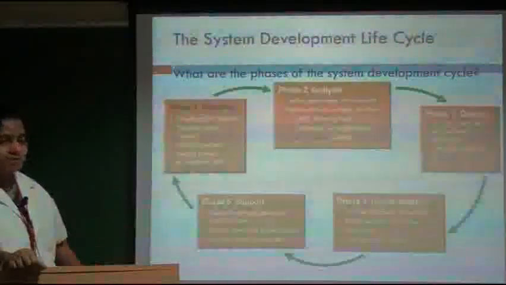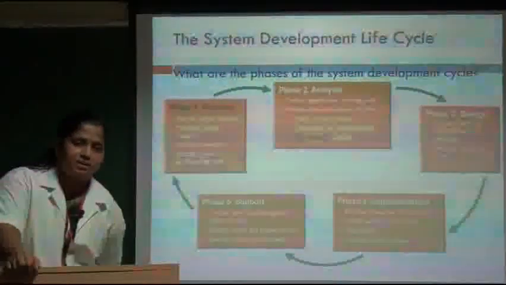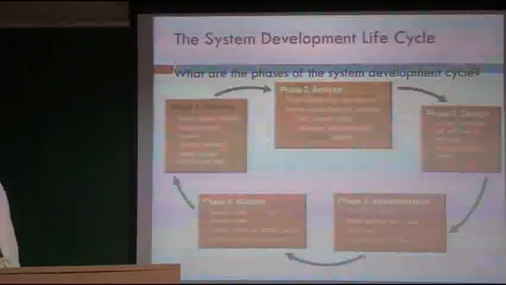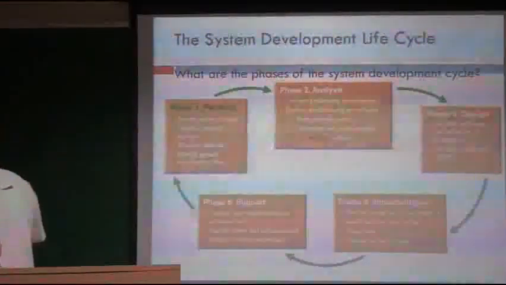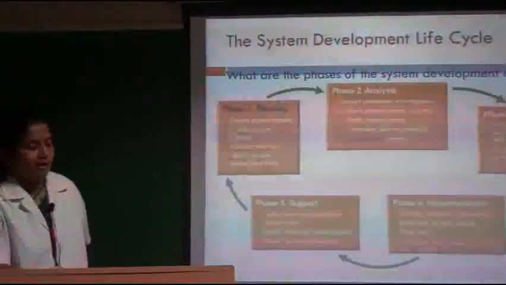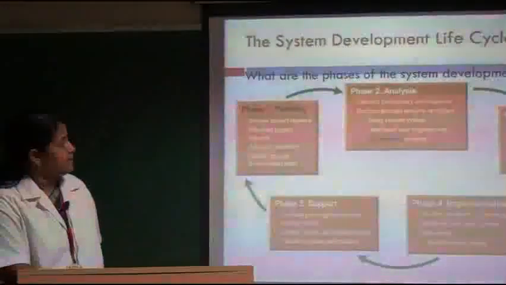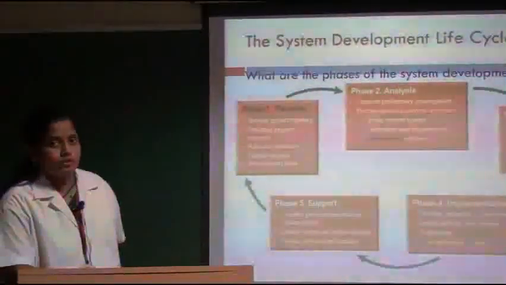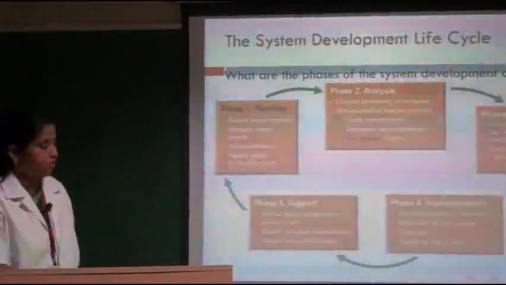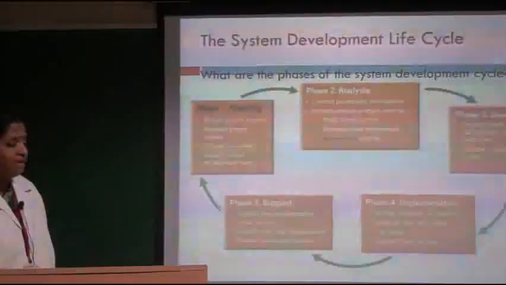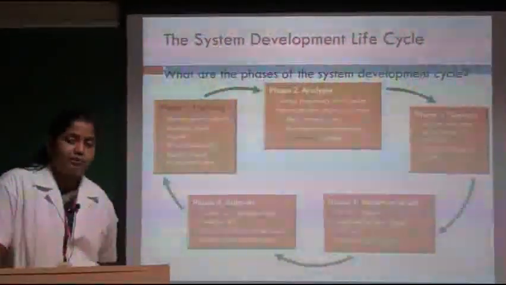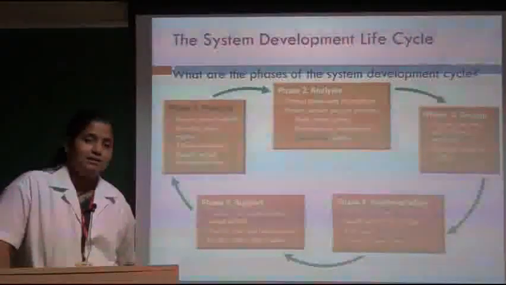Planning phase, as we discussed before, takes inputs from the customer. So in general, there are 5 phases in the system or software development life cycle. First one is planning, second is analysis, third is design, fourth is implementation, and fifth is support. For example, in the planning phase, first we take input from the customer, what their requirements are, and then analyze their requirements.